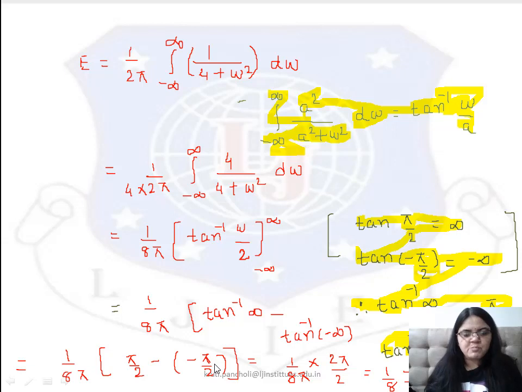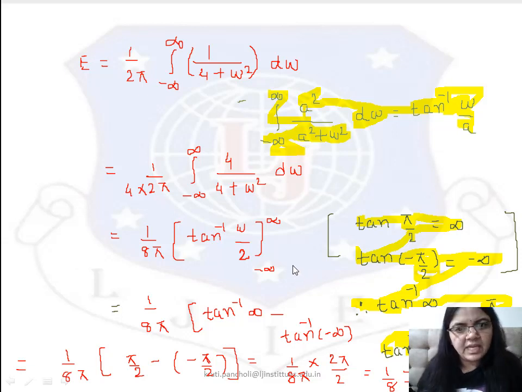So it is 1 upon 8π times (π/2 + π/2), which is 2π divided by 2. The 2 cancels, π cancels, and the answer is 1/8 J. So we can verify Parseval's theorem using that. The answer is 1/8 joule.